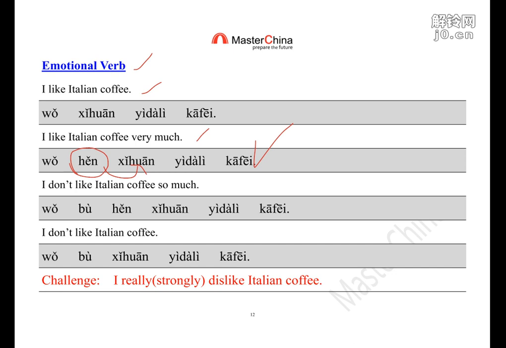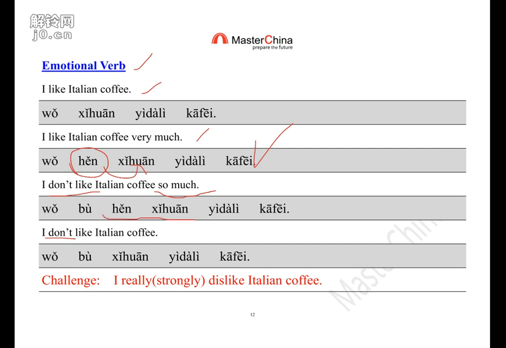You can say I don't like so much, or I totally don't like. Don't ask me, I don't want to touch it. So this is don't like. So how to say not so much? Okay, I can try. So much is put before the like. 我不很喜欢.